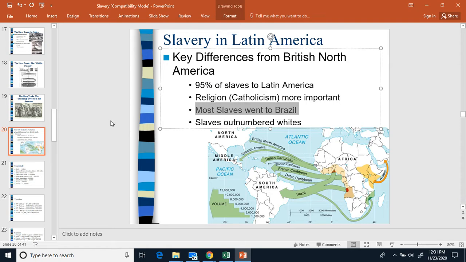So why is it that a lot of them went south of the United States and not to the United States itself? When you think of slavery, you generally think of cotton production. The thing is, cotton production doesn't require a whole bunch of intensive human labor to farm.